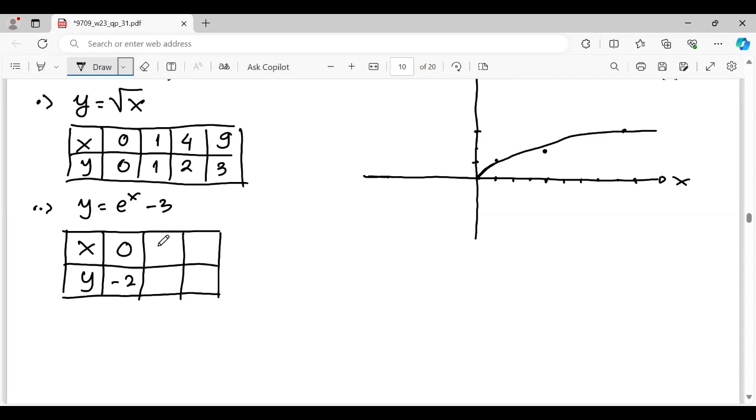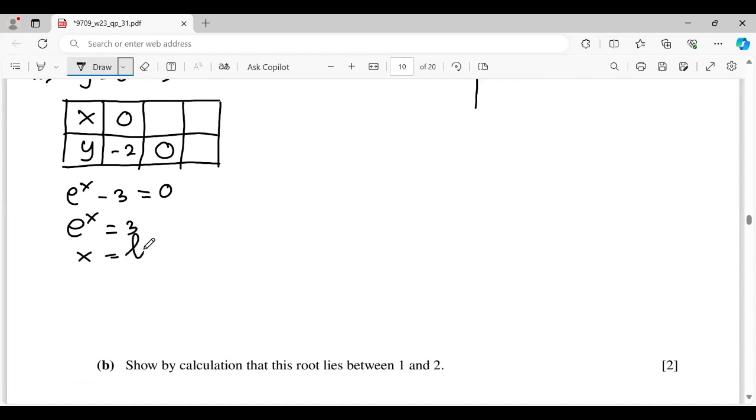If y equals 0, it means e power x minus 3 equals 0, so e power x equals 3. So x equals ln 3, which equals 1.09. So 1.09 here.